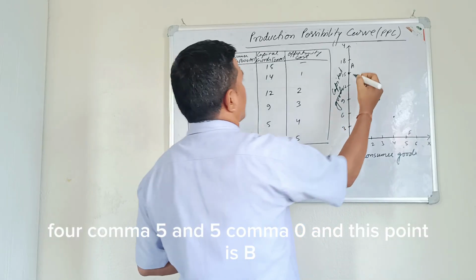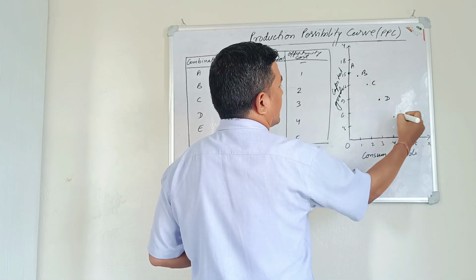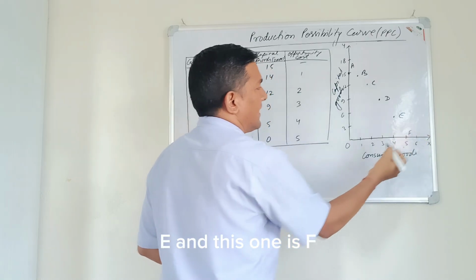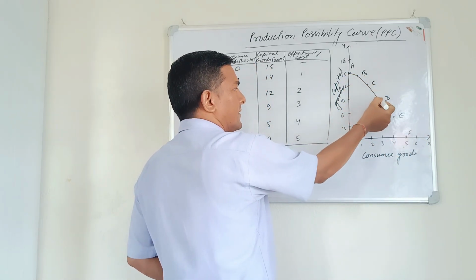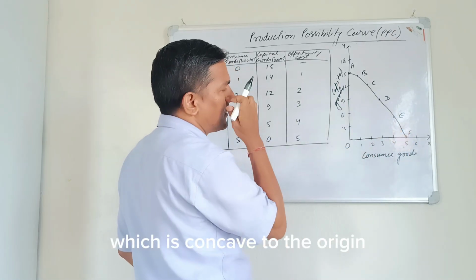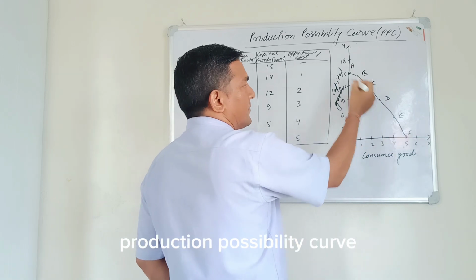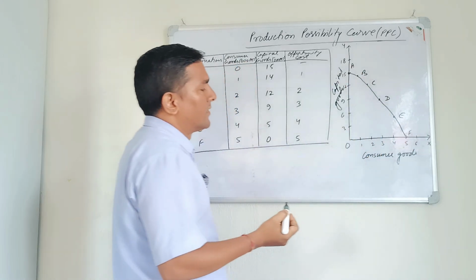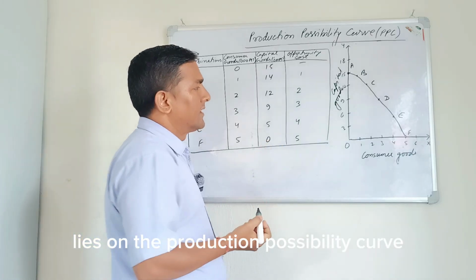And this point is B, this is C, D, E, and this one is F. When we join all these points like this, we will obtain a curve which is concave to the origin, and the name of this curve is called the production possibility curve. All the possible combinations lie on the production possibility curve.